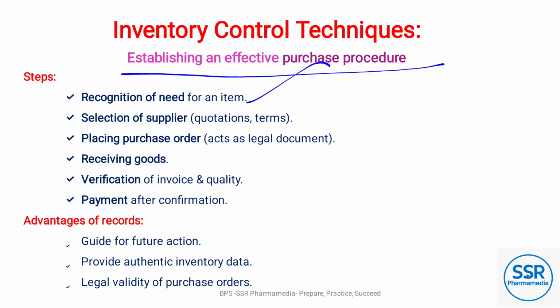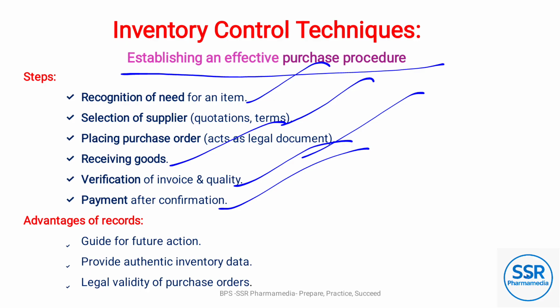Next, selection of supplier, quotations and terms. Placing purchase order, which acts as a legal document. Receiving goods. Verification of invoice and quality. Last step, payment after confirmation. These are all the important steps for achieving an effective purchase procedure.